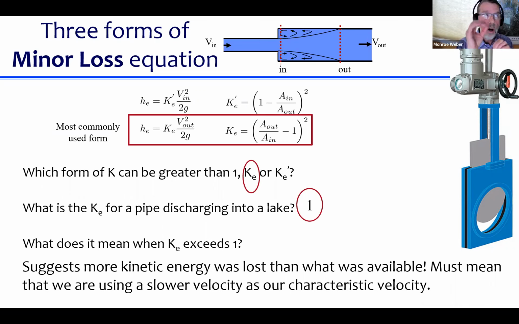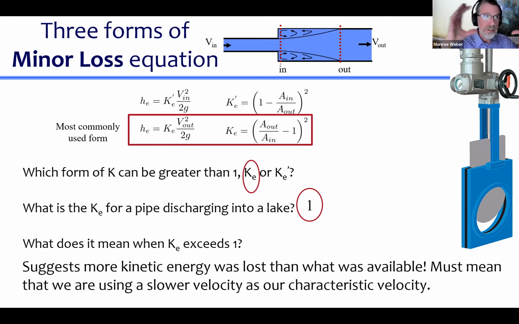So when the water is squirting through a small opening in the gate valve, the amount of kinetic energy that we're losing is related to the velocity of that water squared over 2g. But because we're using the velocity over the entire area of the pipe, that velocity is a lot tinier. And that means that we're going to use a K that is a whole lot bigger than 1. So it is very, very possible to have a K that is hundreds or even thousands.